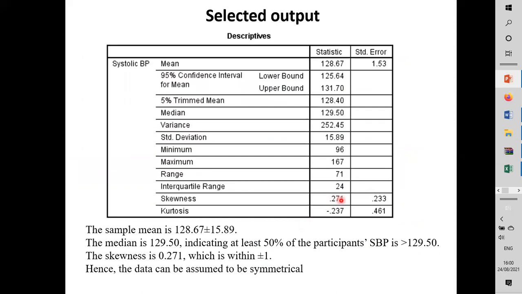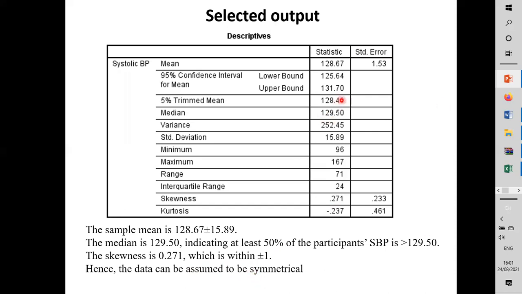What is the skewness value? 0.271. Is it less than 1? Yes. So symmetry. Therefore, data can be assumed. I don't say data is symmetry. Data is assumed symmetry. Symmetry only when it is 0, perfectly symmetrical, right? As long as it's not 0, then we assume the data to be symmetrical.